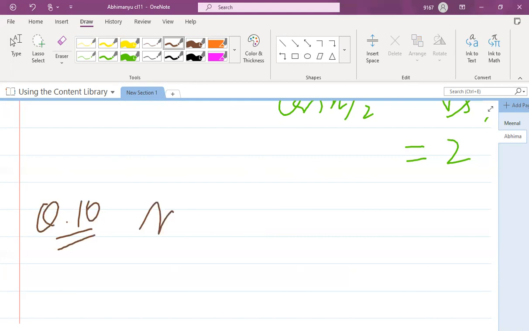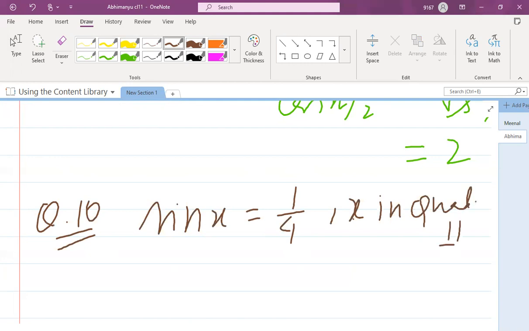Now question number 10. Sin x equals to 1 upon 4. X in quadrant 2, once again x in quadrant 2. So find cos x first. Cos x is root over 1 minus sine square x.